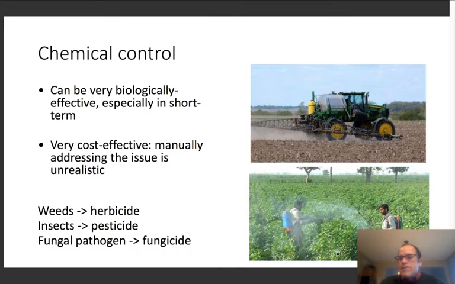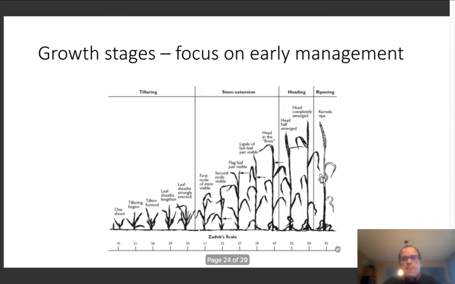You can only drive that machine into the field while you can get over the crop. All right, there's no crop pictured here, so it's relatively easy right now. But if something happens later in the life cycle, that could be a challenge. So you can imagine then we do focus on early management, getting out in the field well before the plant gets too high.